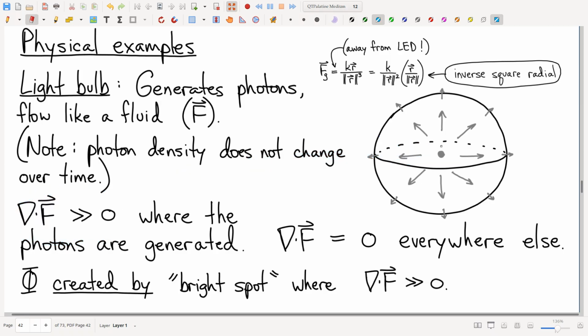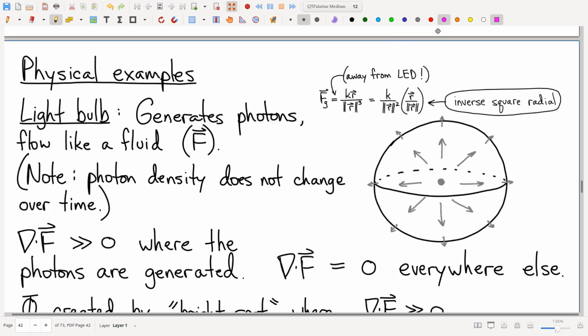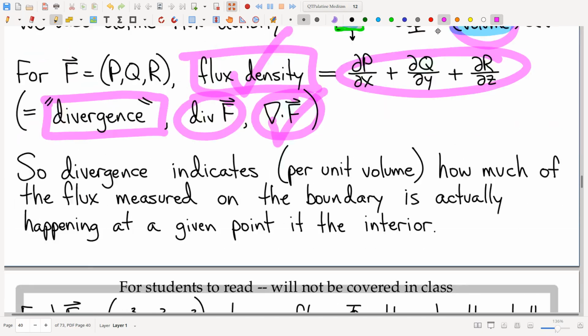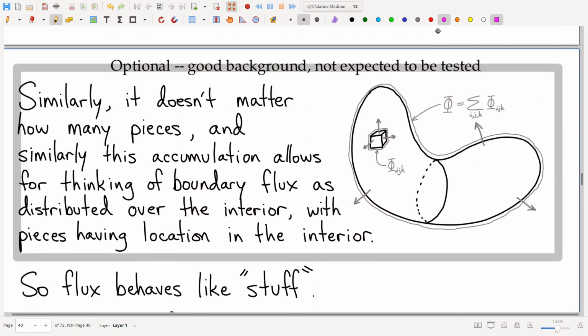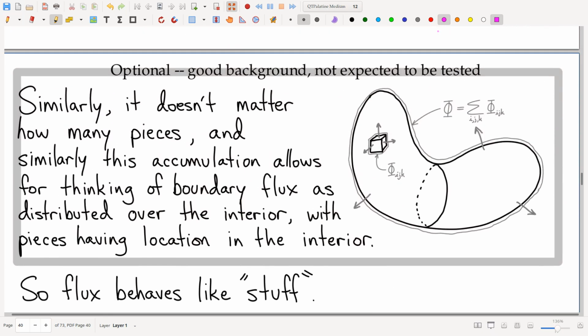Okay. All right. So, nice conclusion. I've made the claim that divergence tells you where the flux is coming from. And back in previous contexts, I looked at this picture here and I made the case that we measure flux on the boundary, but imagine that it's actually distributed throughout the interior.